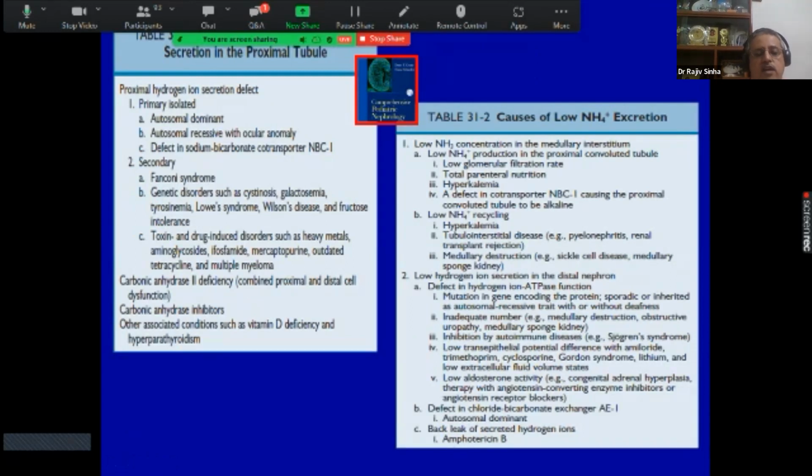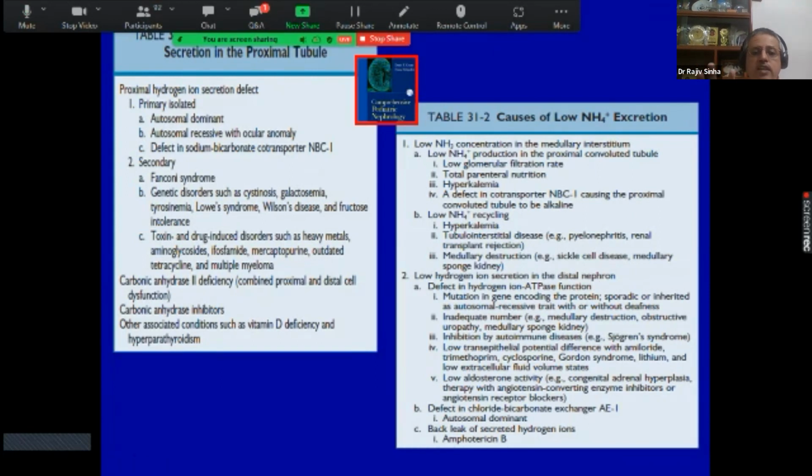Now there are suggestions coming up that instead of classifying as type 1 RTA, type 2 RTA, and type 4 RTA, it is better you just classify based on the defect. So a defect in the hydrogen ion secretion in the proximal tubule, or defect in ammonium ion excretion, and then again this defect in the ammonium ion excretion can be either because of defect in the ammonia or defect in the hydrogen ion secretion in the distal nephron.